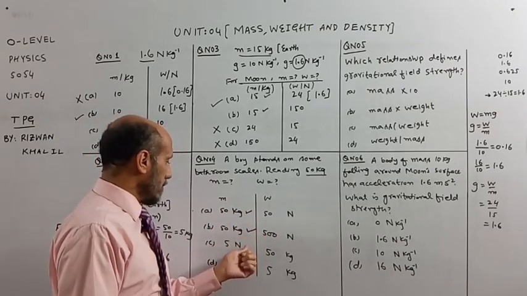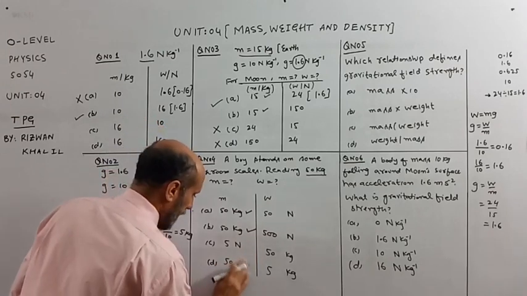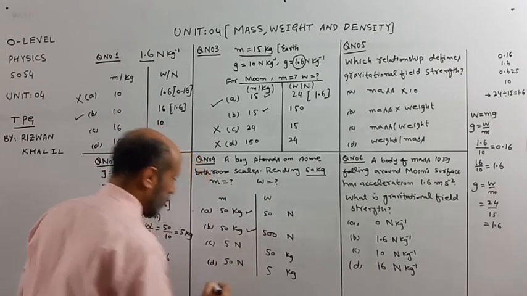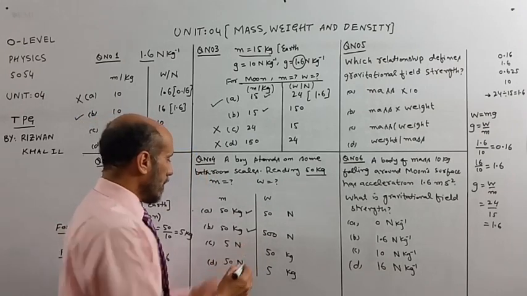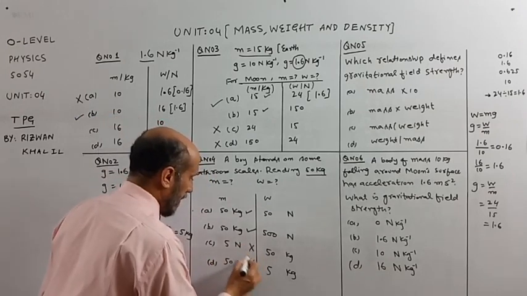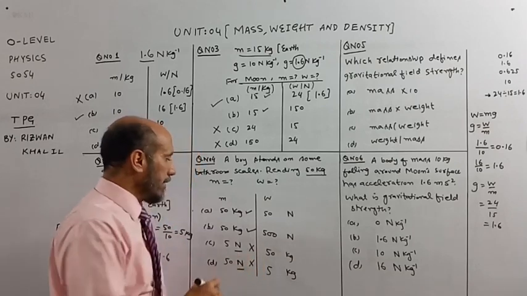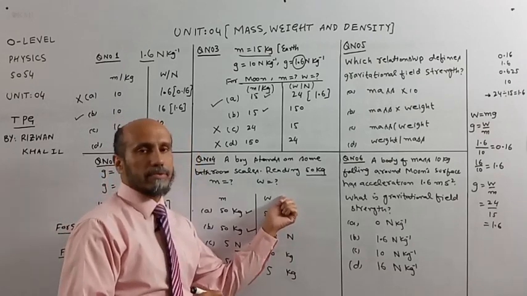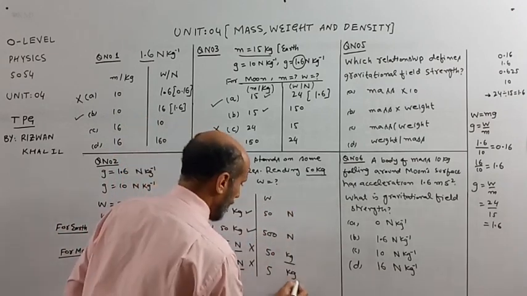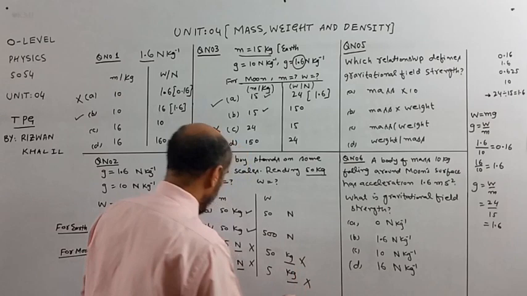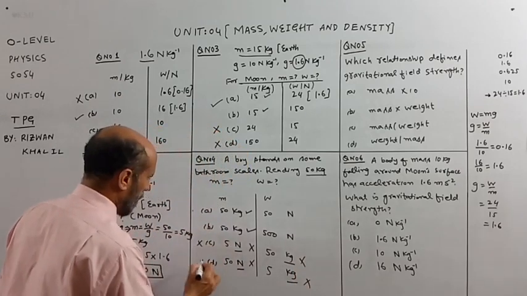Here Newton is there as well. So these two values are opted out because mass can never be calculated in Newton, and likewise the unit of weight is Newton, not kg. So options C and D are not possible.